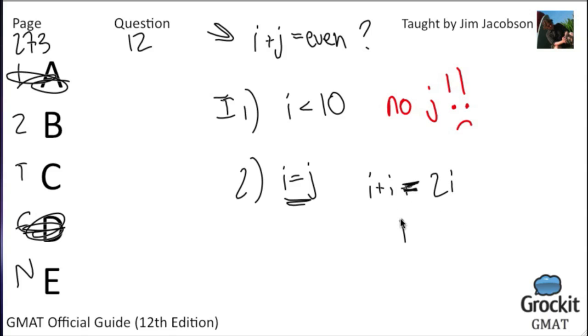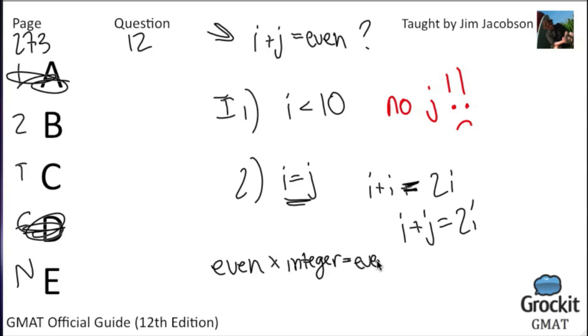So i plus j equals 2i. And an important rule of the GMAT is that an even number times any integer, even or odd, gives you an even number. Even number times anything gives you even.